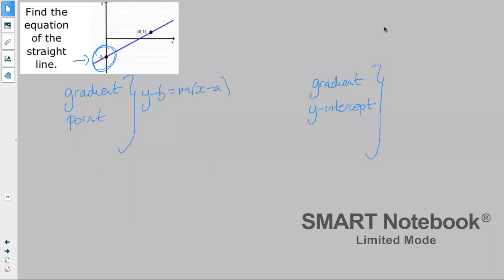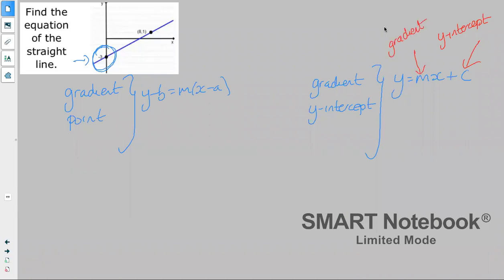You just need to put it in this form, y equals mx plus c, where c is the y-intercept and m is the gradient.